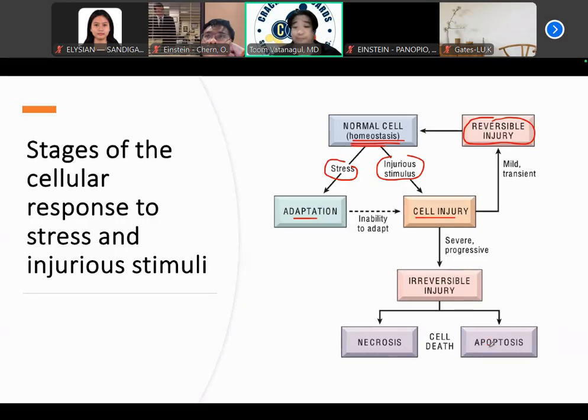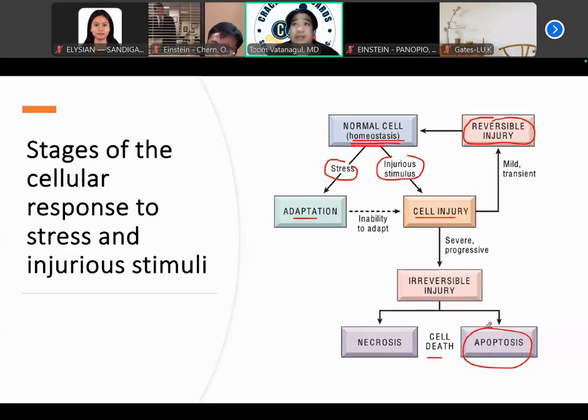Now, question. These are the two types of cellular death, necrosis and apoptosis. My question is very simple. Which is associated with programmed cell death? Okay, very good. It is apoptosis.